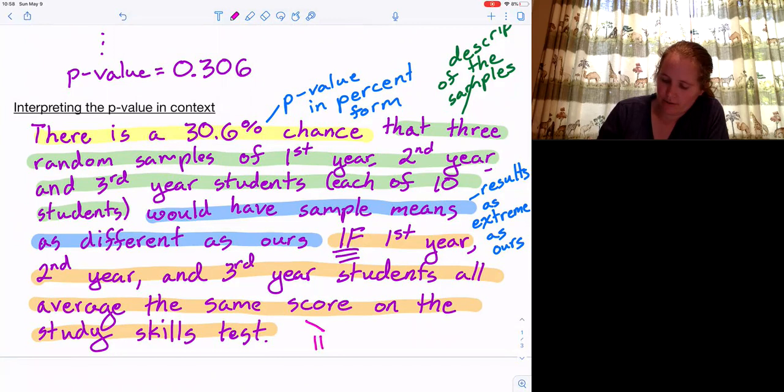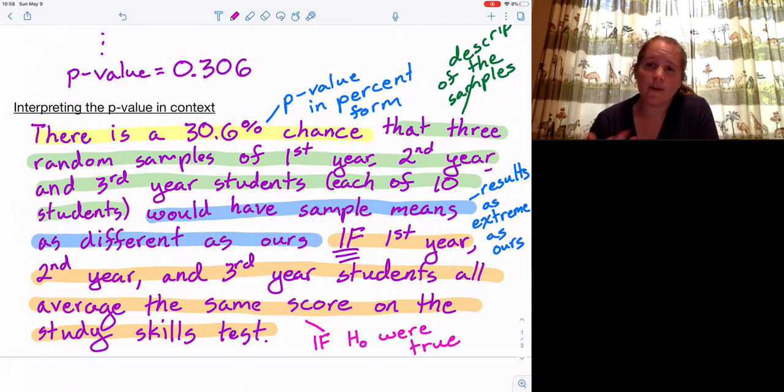So if the null hypothesis were true. In hypothesis tests in general, we always are operating under the assumption the null hypothesis is true. So essentially, this is the chance, if the null hypothesis is correct, of getting samples as extreme as ours, which is always what we are doing with a p-value.